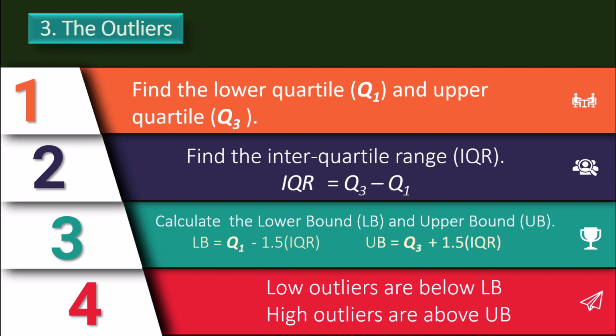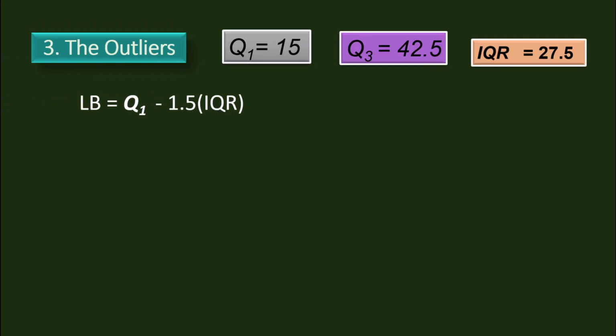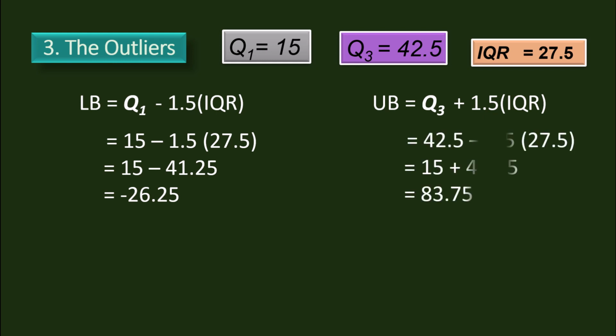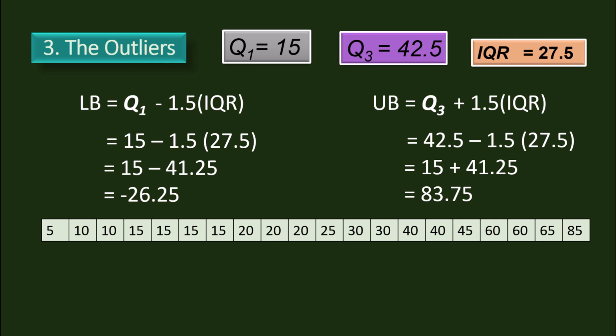Now let me find the lower bound first. We know Q1 and IQR, so we can find the lower bound. It is negative 26.25. Similarly, you can find the upper bound using Q3 plus 1.5 times IQR. It is 83.75. Once we have the lower bound and upper bound, consider again our ordered data set.